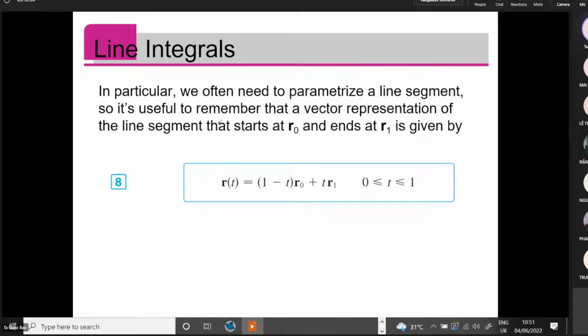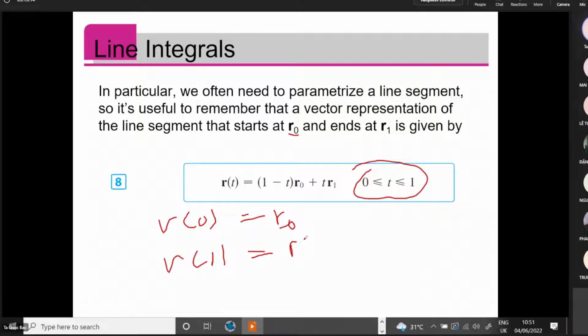In particular we often need to parameterize a line segment. So it is useful to remember that a vector representation of a line segment that starts at r0 and ends at r1 is given like this. You can see for all t in [0, 1], we have r(0) equal to r0 and r(1) equal to r1.